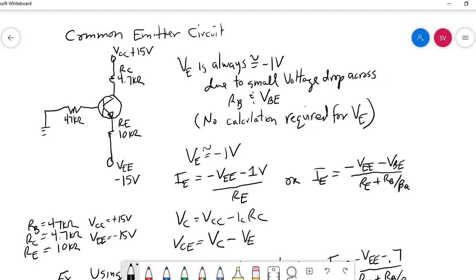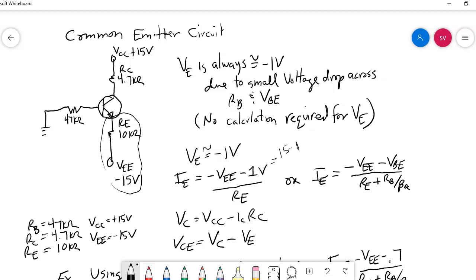Well, it's going to be the emitter voltage. What is the emitter voltage? That's everything at this end right here. So we have a minus VEE, so minus 15 volts, and with the minus in the formula, minus times a minus 15 will give you 15 volts, minus your 1 volt from the emitter voltage.